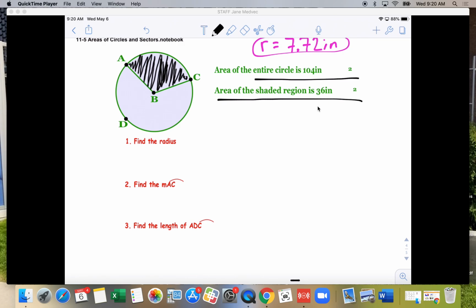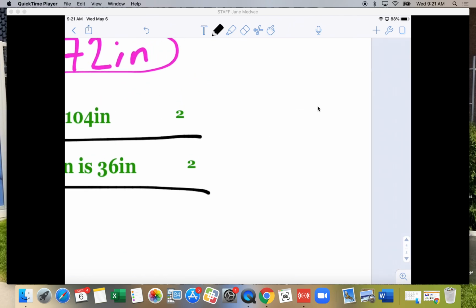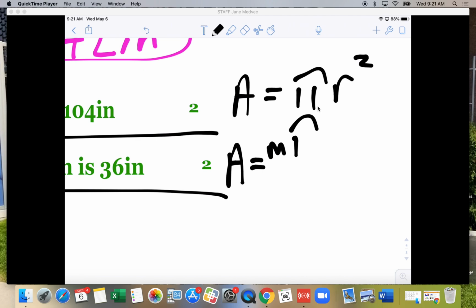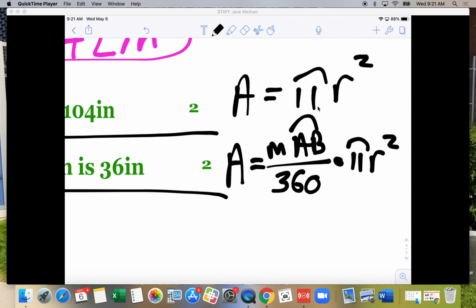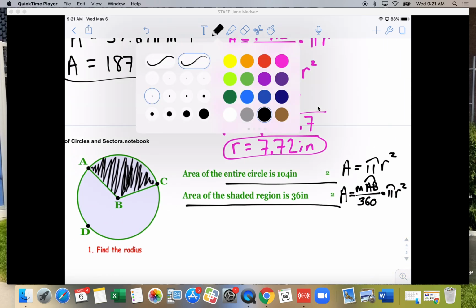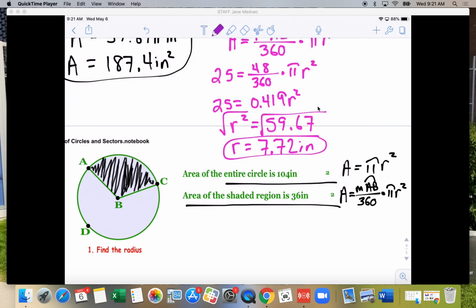So you can either look at the entire area, area equals pi r squared, or the area of the sector, the measure of arc AB all over 360 times pi r squared. Okay, so to find the radius in number 1, what I like to do is just look at the entire circle.